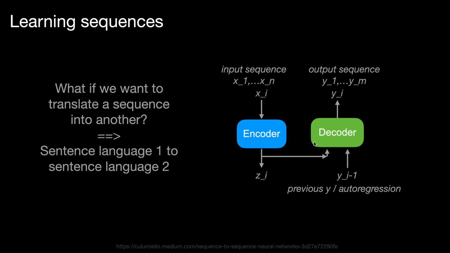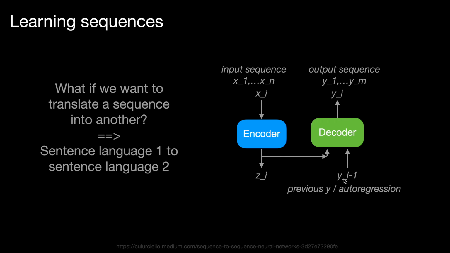And the decoder is looking at actually two inputs. One is the output of the encoder, one symbol at a time, and then I'm going to start producing an output sequence, word by word, in the second language. But at the same time, I will also feed to my decoder the previous word that I translated.